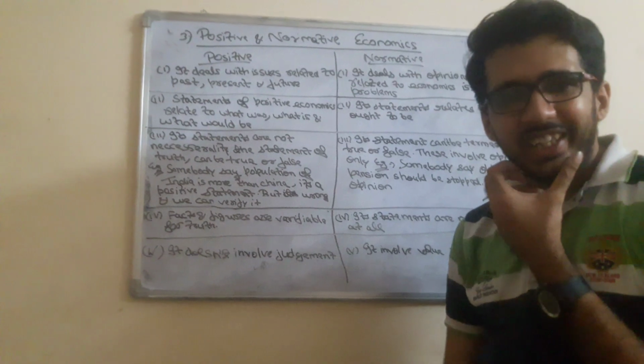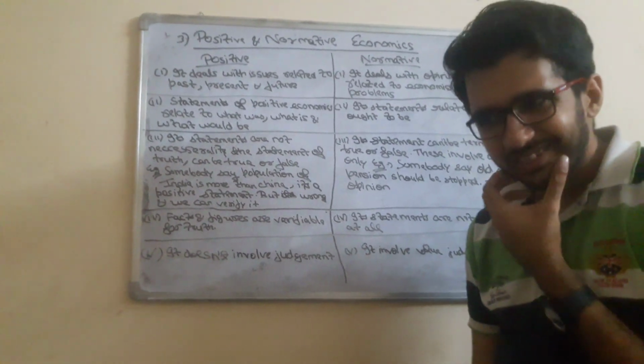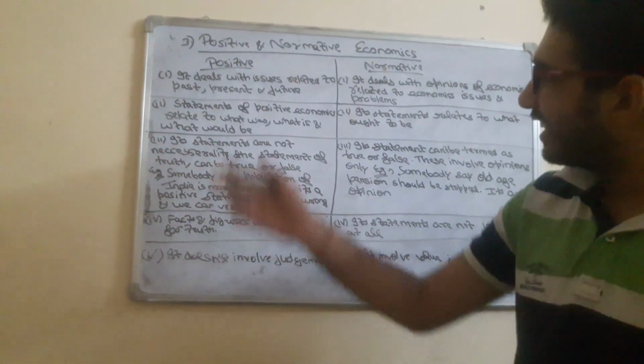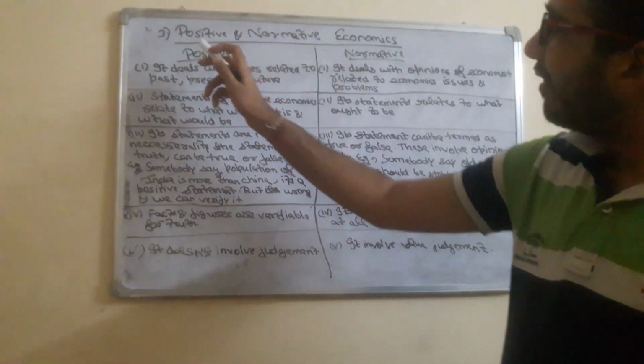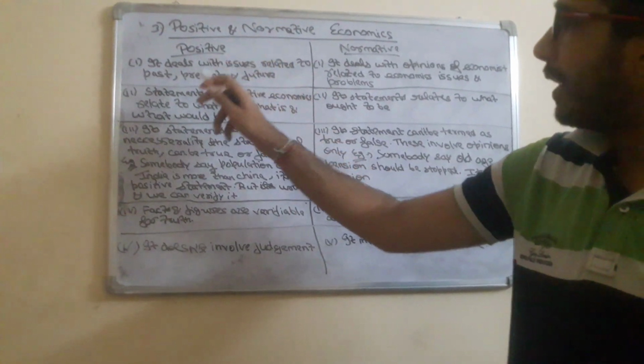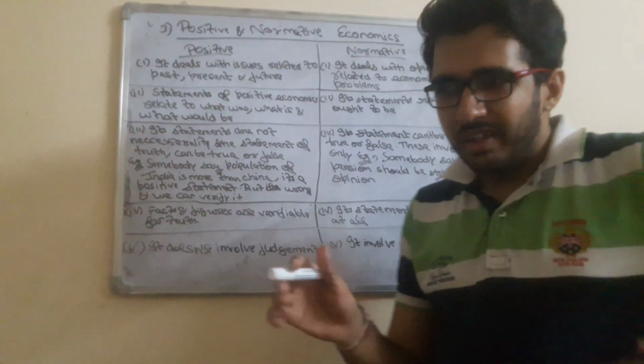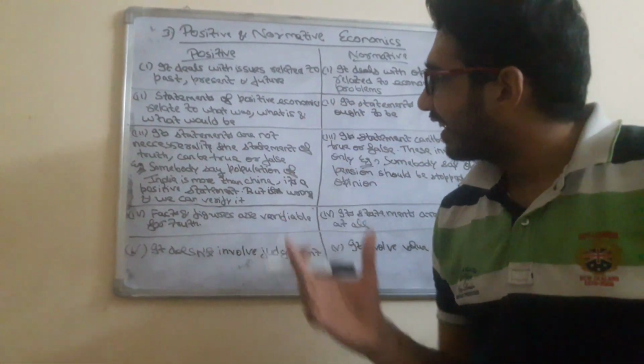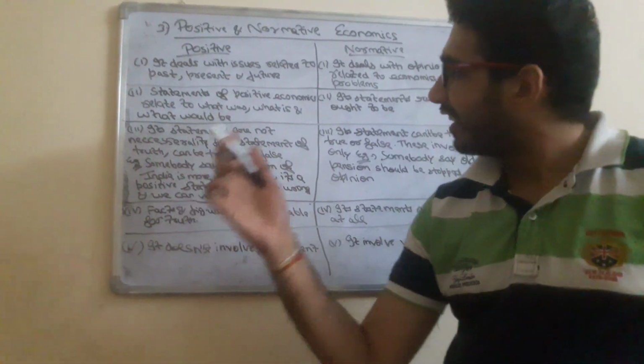Does anybody have any idea what positive economics is? If not, then let's start. Positive economics deals with issues related to past, present and future. All the statements in positive economics are related to past, present and future.